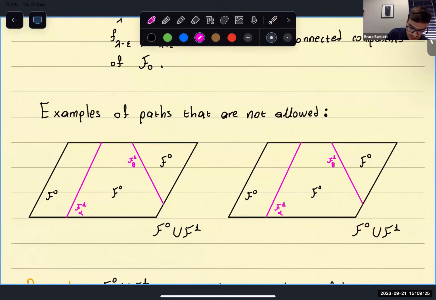This is an example of a path that is not allowed, because this path crosses F1 not in a discrete set of times, but in a continuous set of times. And then this path is also not allowed.